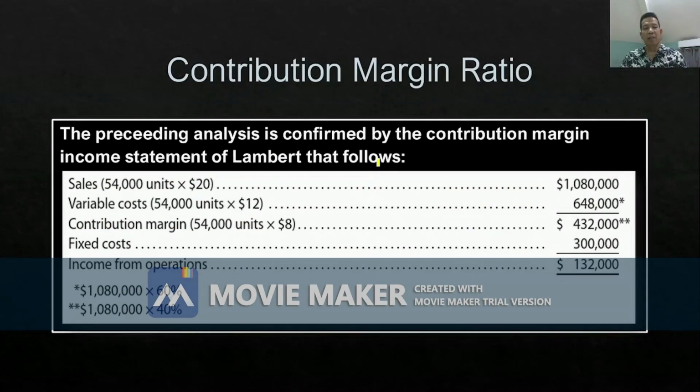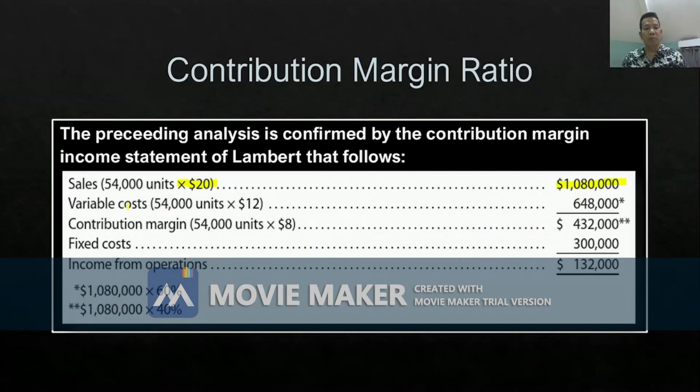The preceding analysis is confirmed by the contribution margin income statement of Lambert that follows. Sales of 54,000 units, since Lambert added the 4,000 units, multiplied by $20 as the selling price per unit, give a total of $1,080,000.